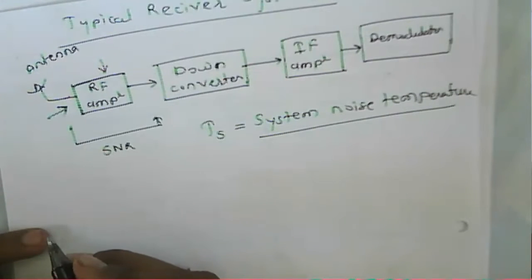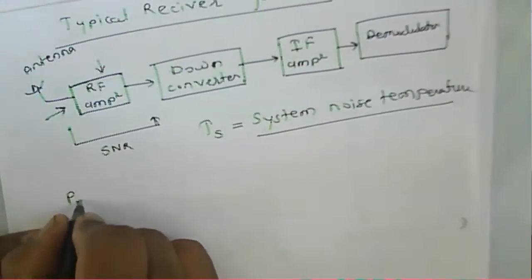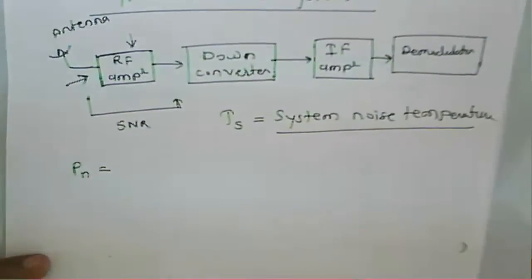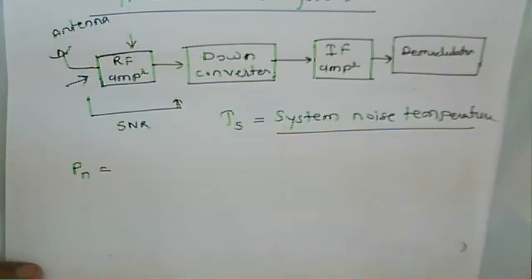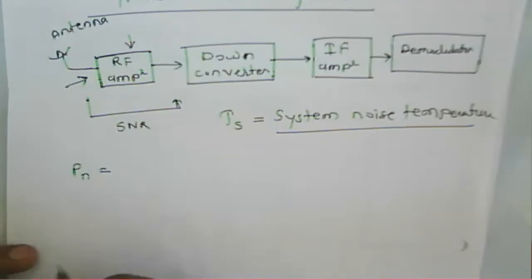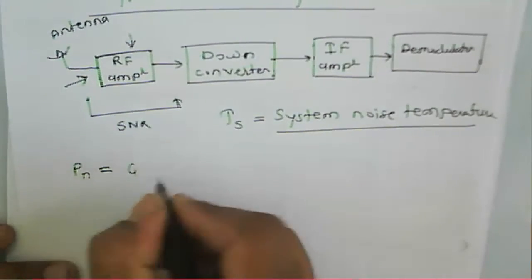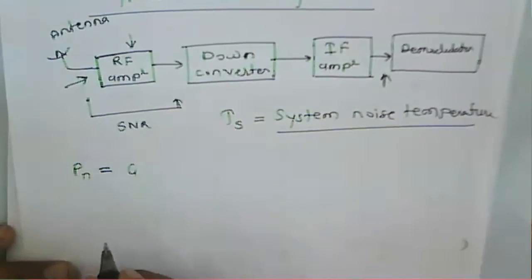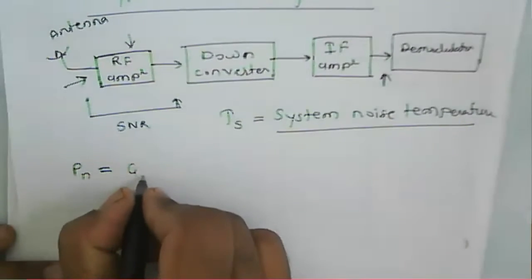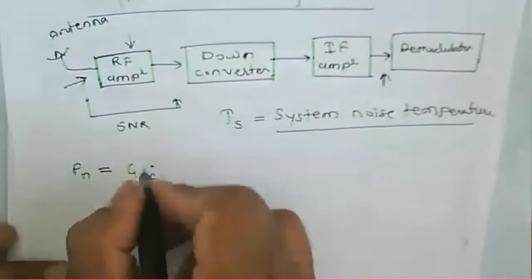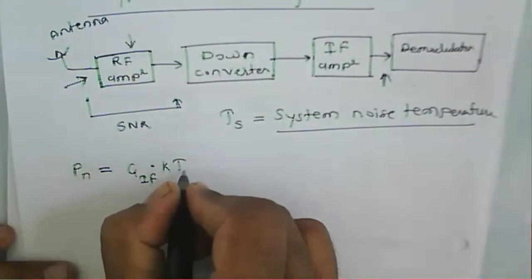And from this we can find the noise power at the input of a demodulator, and that will be nothing but GIF times KTB.